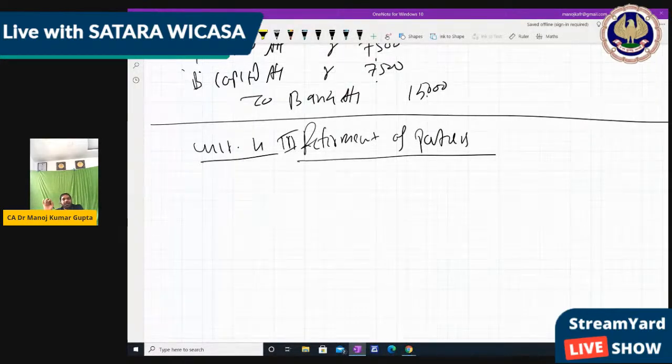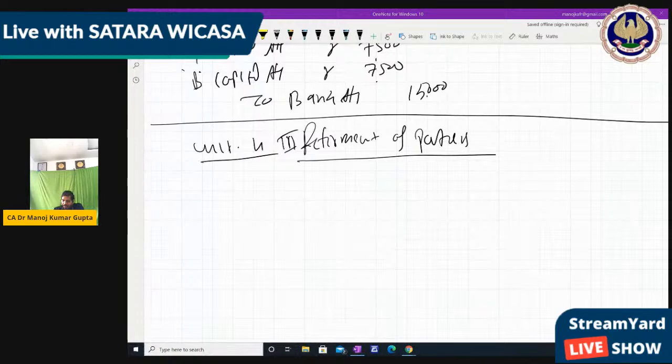Only the retiring partner will get money instead of bringing money, like a new partner does in admission. The retiring partner will get money from the firm, either by payment from the remaining partners, or it can be transferred to a loan account.